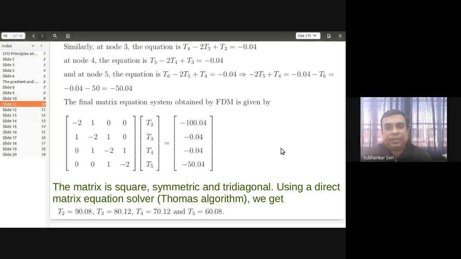Okay, it has three diagonals. So this is the major diagonal, this is the super diagonal, this is the sub diagonal, and remaining terms are zero. So this kind of matrices are known as the sparse matrices, a matrix in which most of the terms will be zero. These are known as sparse, S-P-A-R-S-E, matrices.